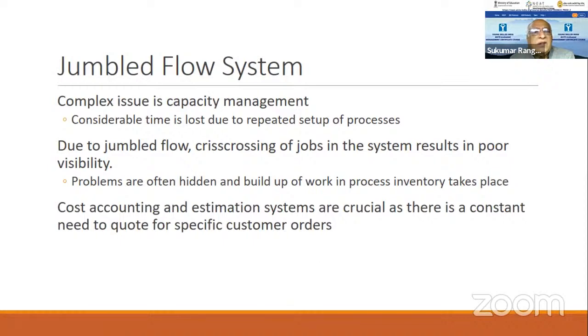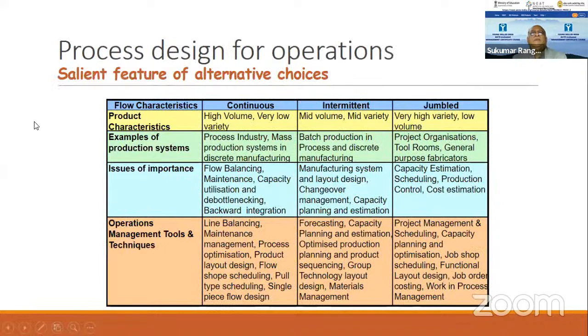Now, this is one chart which gives a total overview of the characteristics and what kind of issues there are in continuous, intermittent, and jumbled, as there are three different flow characteristics.